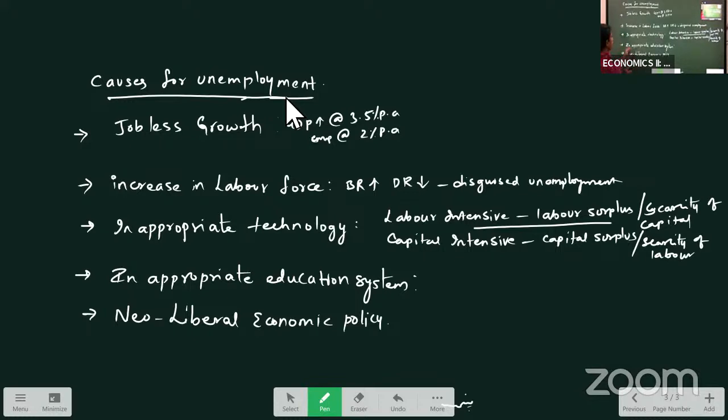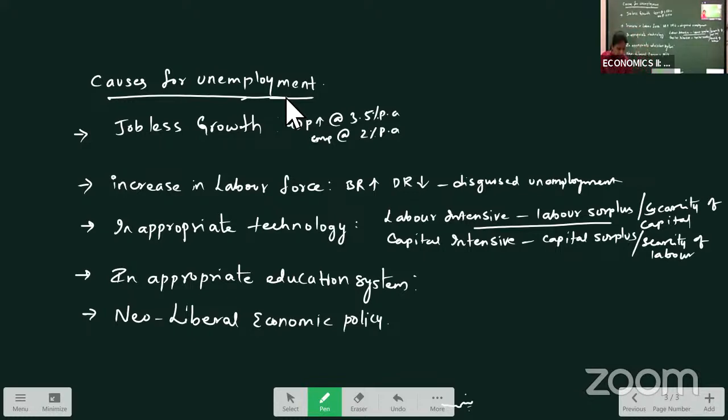And inappropriate technology: as India is a labor surplus economy, we have to use labor intensive technology of production in our industrial sector and agriculture sector, but because the majority of industries follow the westernized model of development, they gave importance to capital intensive technology, where instead of labor, they are using machines, which created unemployment in the country.